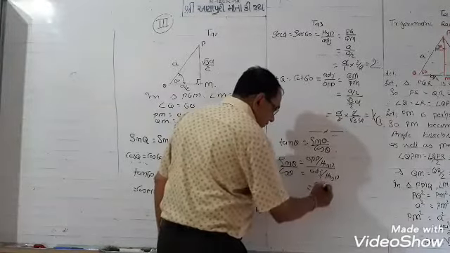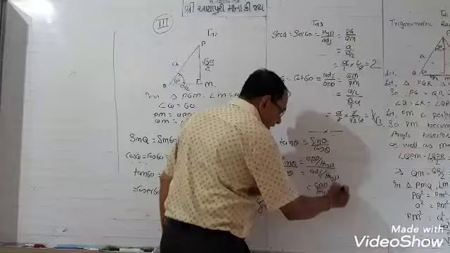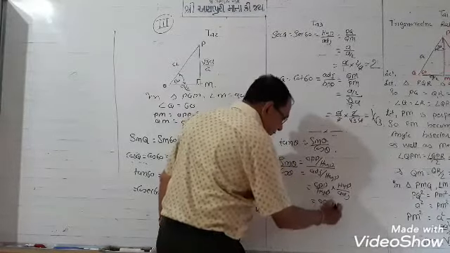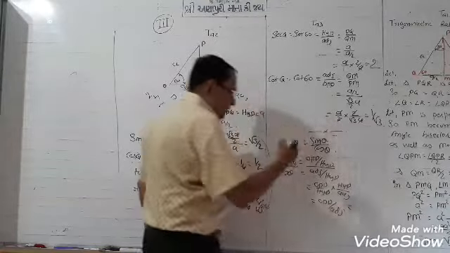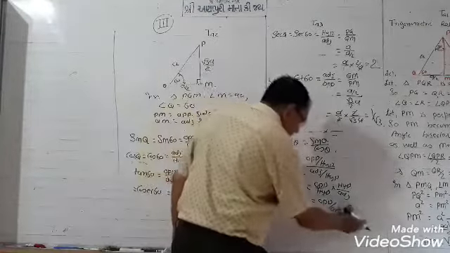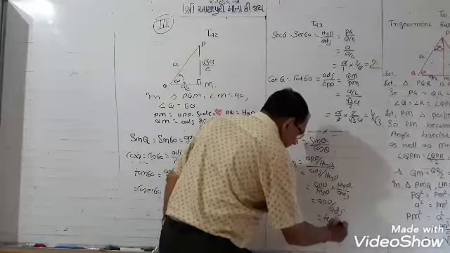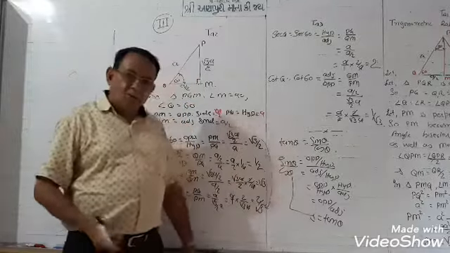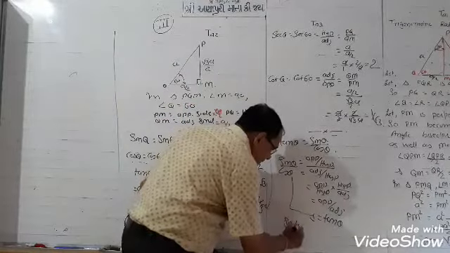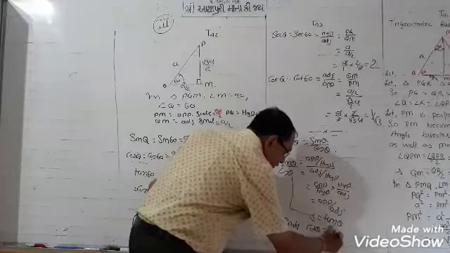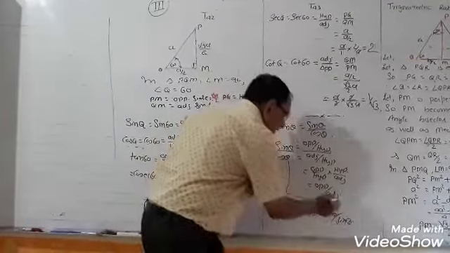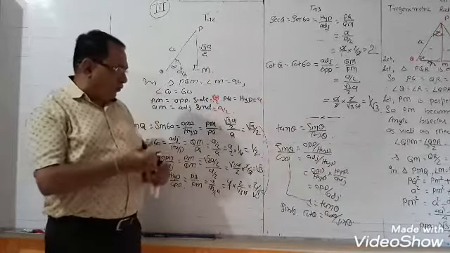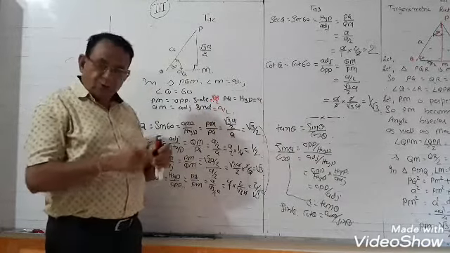That means opposite side upon hypotenuse multiplied by hypotenuse upon adjacent side, which is opposite upon adjacent side. So that is tan theta. So tan theta is equal to sin theta upon cos theta. Similarly, cot theta is equal to cos theta upon sin theta. These are the most important identities. We will use them many times while proving. How it is I have shown.